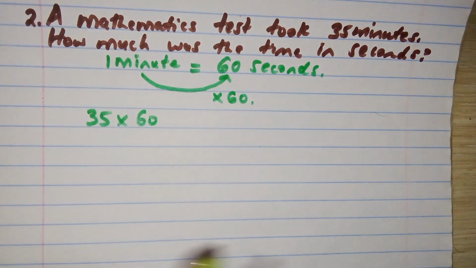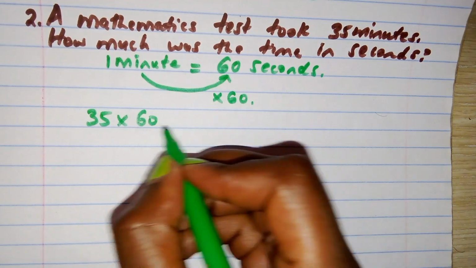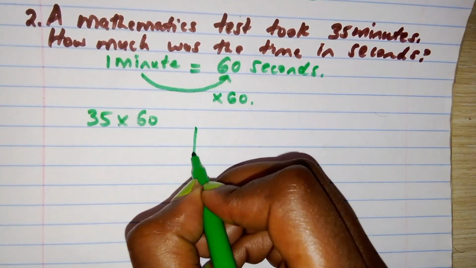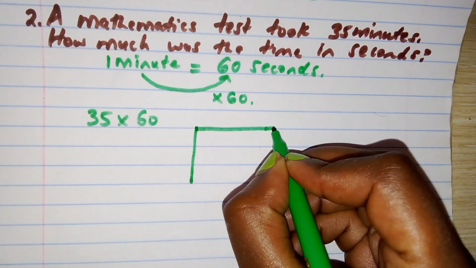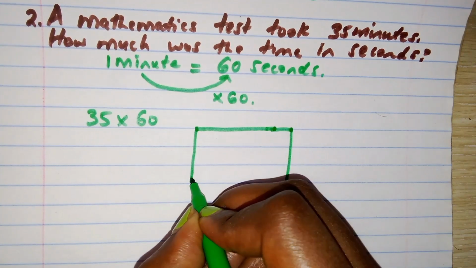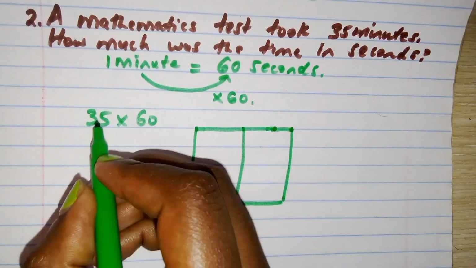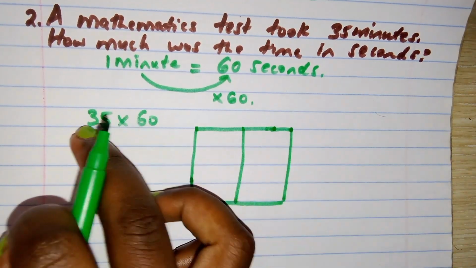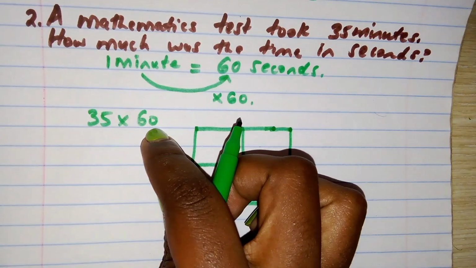So this last question, I want us to use the lattice method. So 35 times 60. So we draw the box, and it's good you draw a big box so that the numbers are not jumbled up. So we're dividing 2 boxes because it's 2, and then again we divide twice because there are 2 on this side.